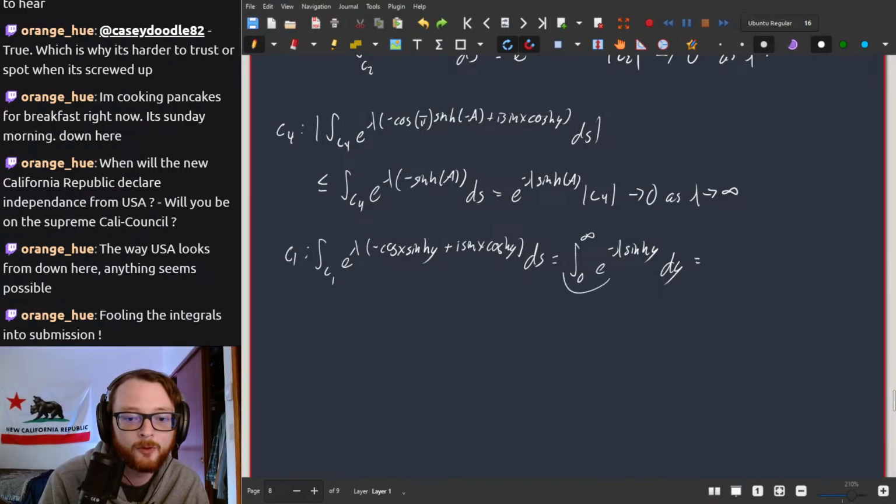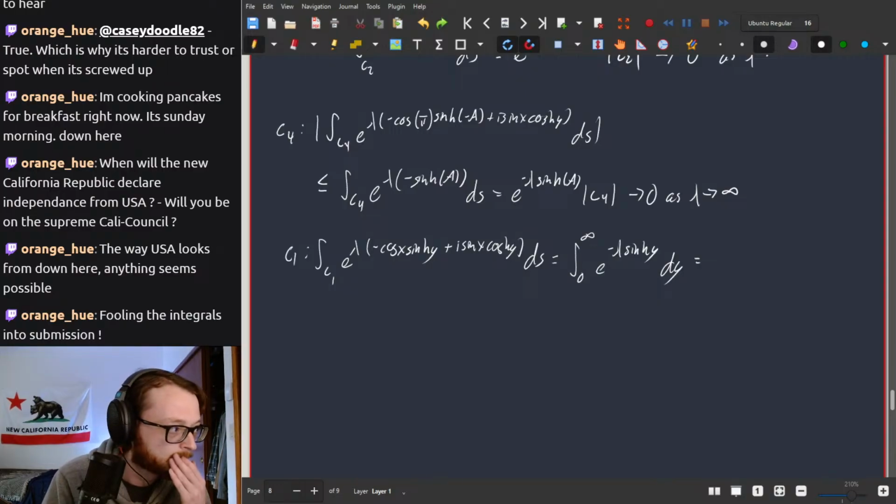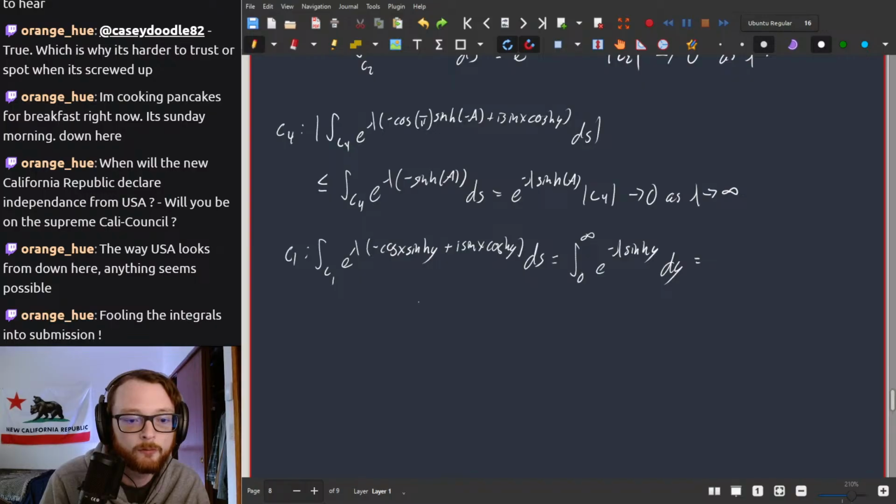So this integral from 0 to infinity, most of whatever the result is going to come from some neighborhood of 0, because that's where the inside bit is the highest. And so what I'm going to do is split this integral up into one from 0 to epsilon, e to the minus lambda sinh y dy, plus another one from epsilon to infinity, e to the minus lambda sinh y dy.